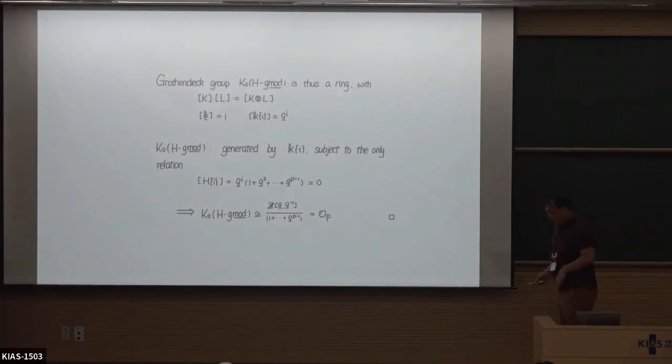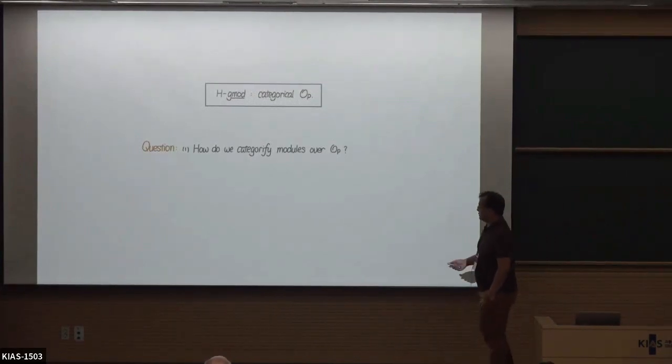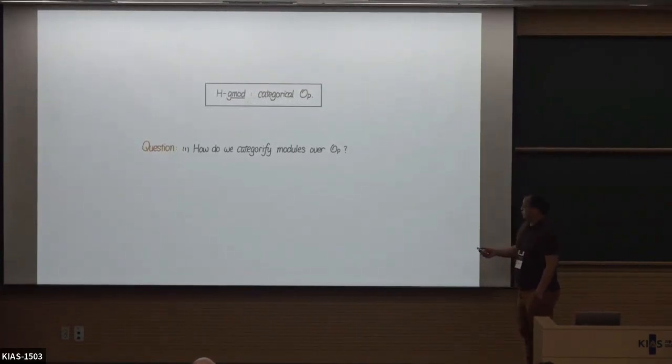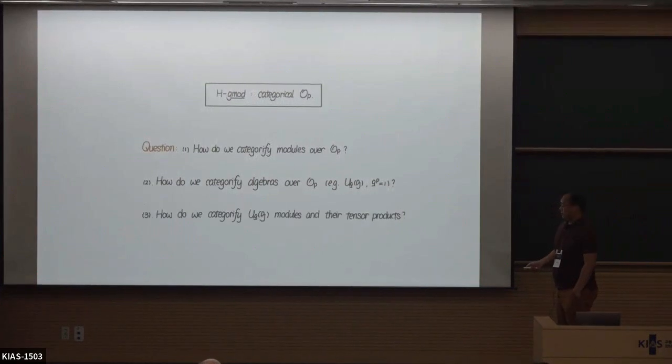And so the main part of today's lecture is how we utilize this categorical incarnation of O_p. In what follows, I'll try to outline a story: how do we categorify modules over O_p? We're not just interested in arbitrary modules or algebras over O_p, but in things like the quantum group at roots of unity that we want to categorify, and quantum group representations that we want to categorify.